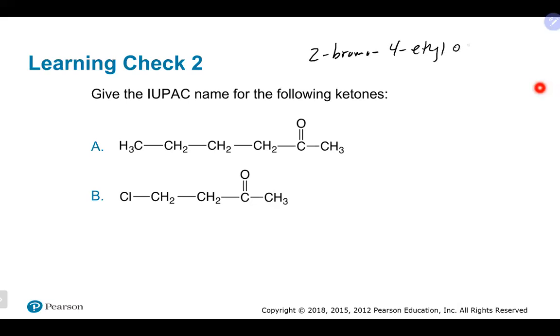Let's go with octanol. Why not? All right, so draw that guy and then name the other 2.